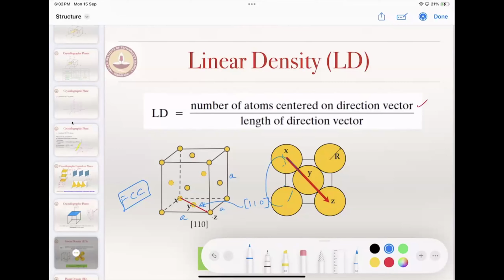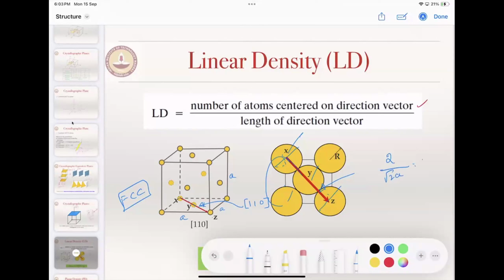If you look at this direction vector, effectively half of this atom is on the direction vector, half of that atom, and this full atom is sitting on the direction vector. Do you agree? So effectively, how many atoms are centered on this vector? 2 atoms. What is the length of the vector? Root 2 a.